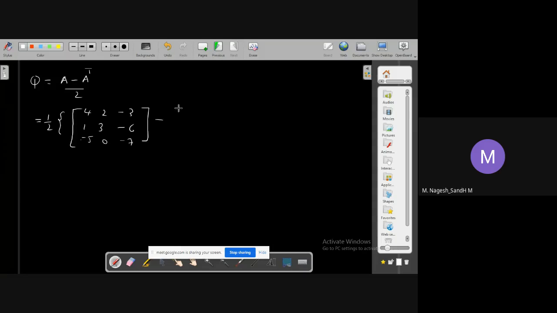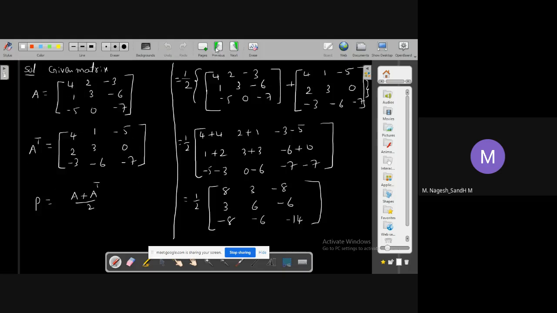Next, minus A transpose. When you come to the A transpose, what is that? 4 1 minus 5, 2 3 0, minus 3 minus 6 minus 7.